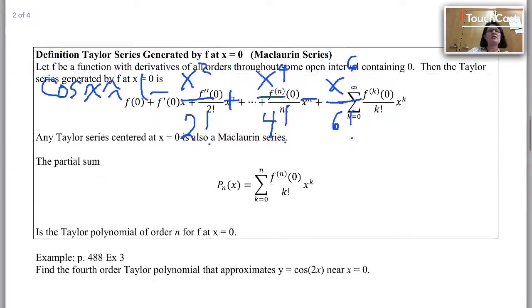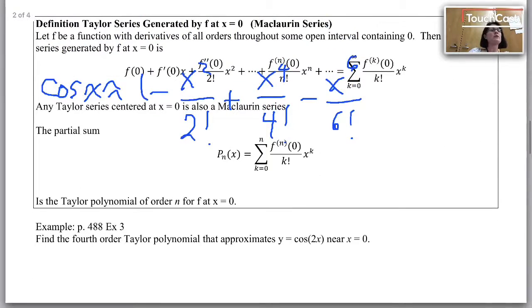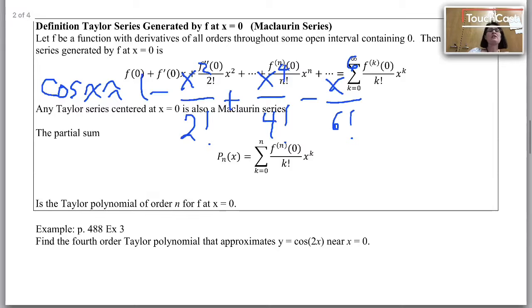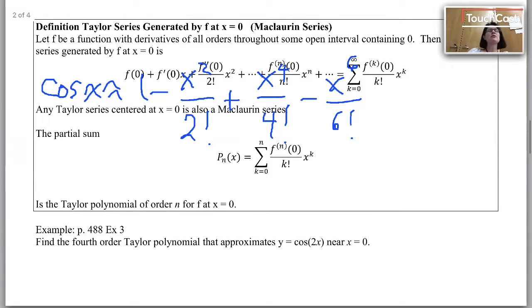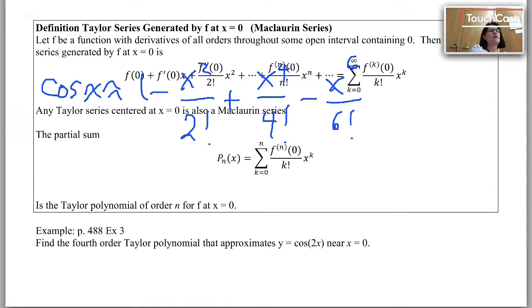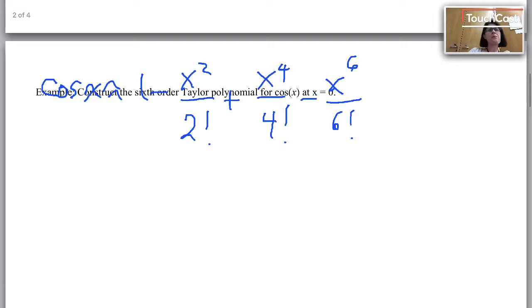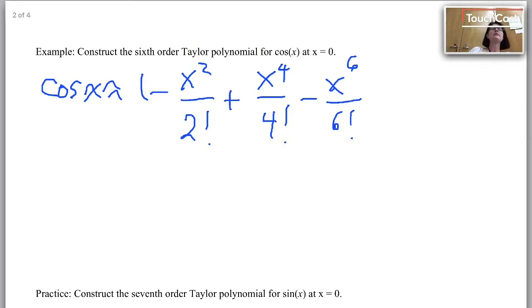Notice here I've asked you this next question. Find the 4th order Taylor polynomial that approximates y equals cosine of 2x near x equals 0. So I'm looking for a polynomial of the same center as the one I wrote here. The one I need now is degree 4.